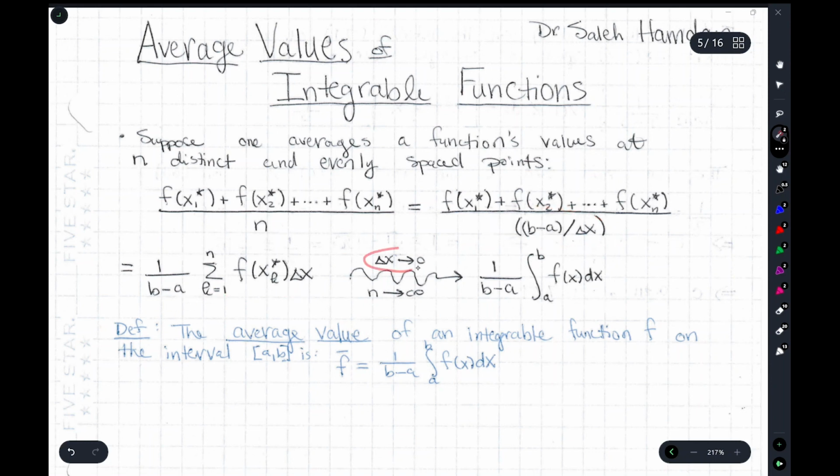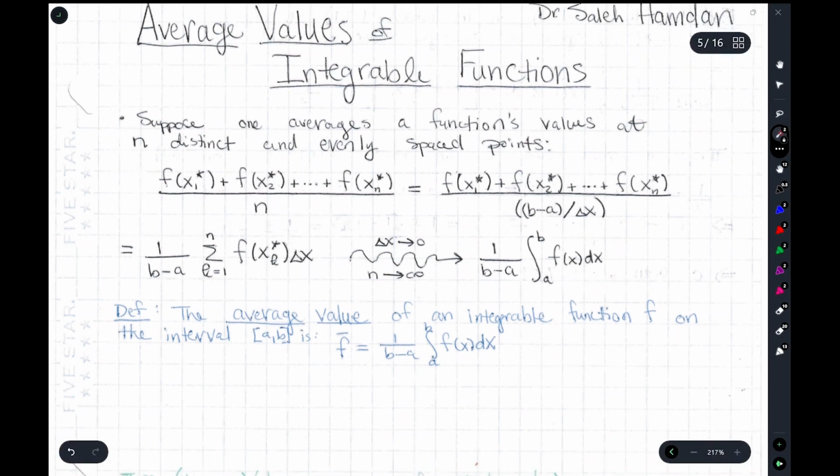Now what happens when we take the limit as delta x goes to 0, or n goes to infinity? So you're taking the number of points you sample at to infinity. Well, you get an integral. Here is the average of a function. And that is quite remarkable, right? Because you're not just adding a discrete number of points, you're taking a whole continuous set of values.